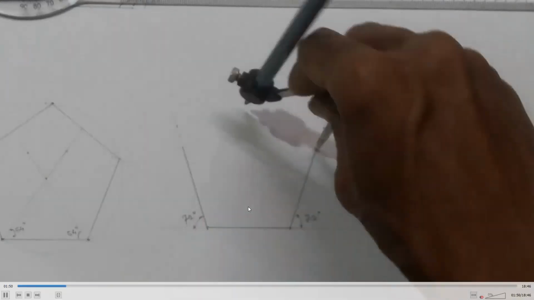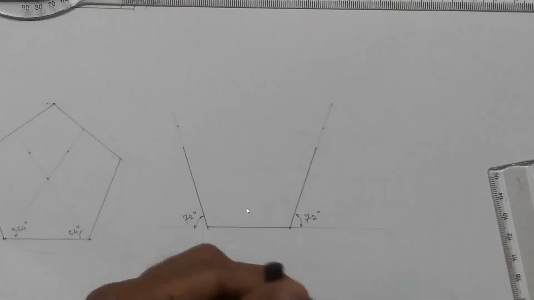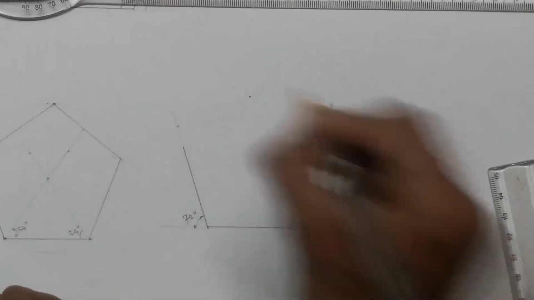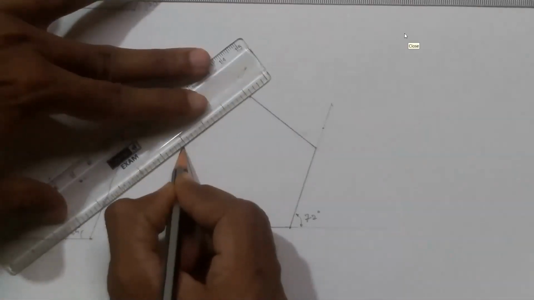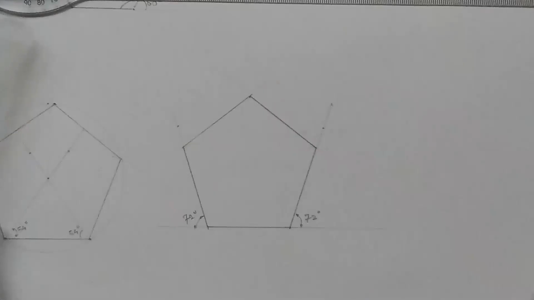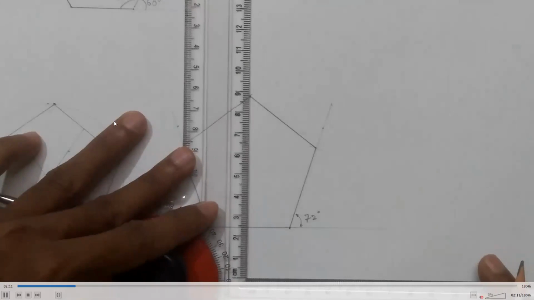Now just cut two arcs of 40, that is equal to the side of the pentagon, and find out their intersection. So this method is quite easier compared to the first method.